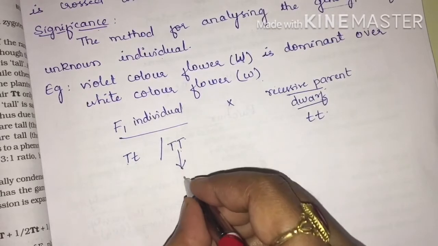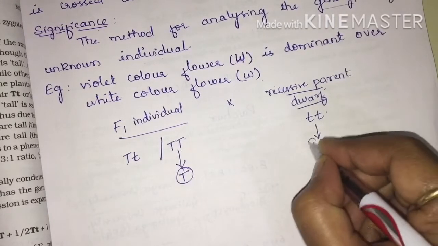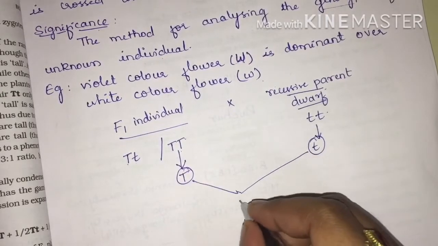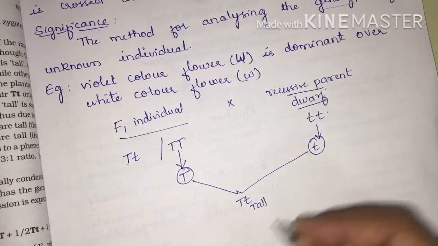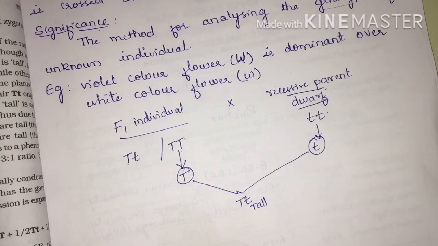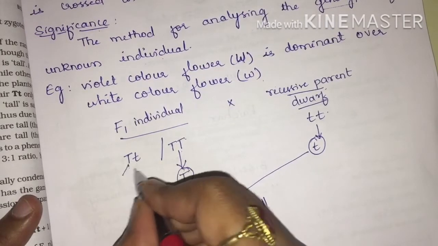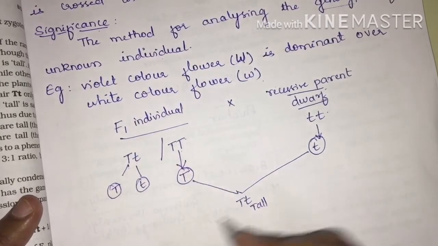Similar to what we have crossed earlier, we are taking capital T here and small t here. What will you get? After fertilization, you will get capital T, small t. This is tall. Now, we will get two different types of genotype. One is capital T, another one is small t.